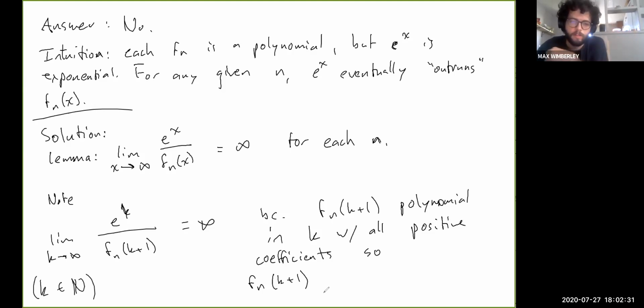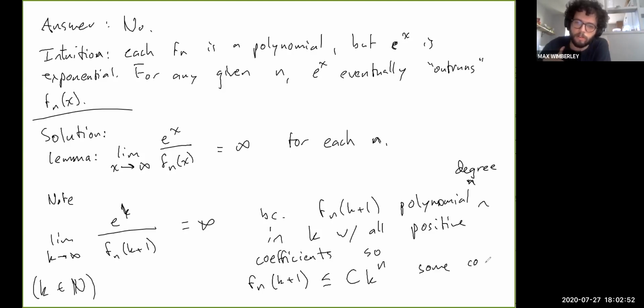So Fn of k plus 1 is less than or equal to c k to the n, since it's a polynomial of degree n, for some constant c, okay?